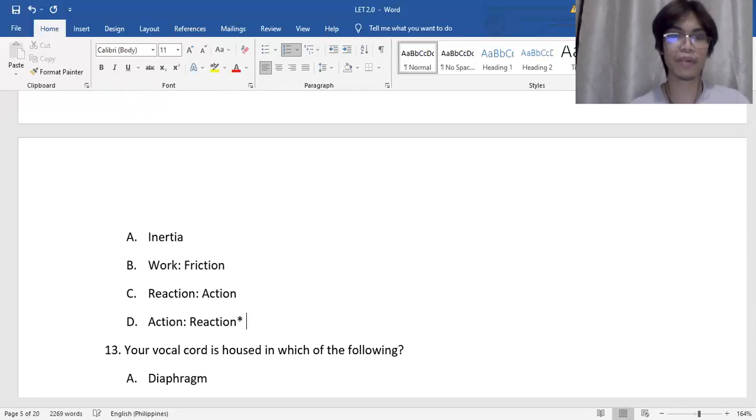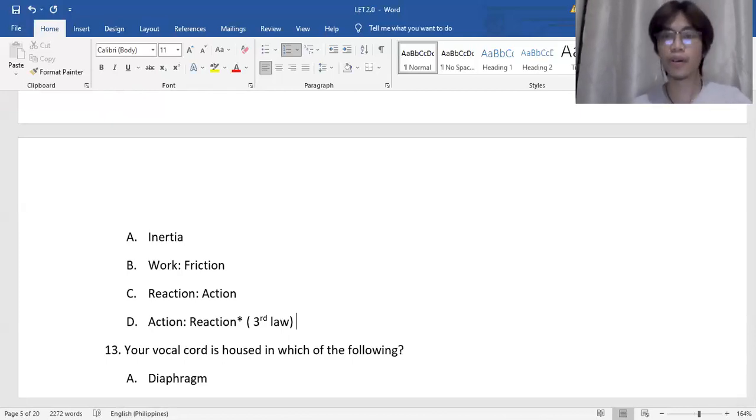All right, so we call this the third law, the law of interaction. The third law states that in every action, there is always an opposite and equal reaction.